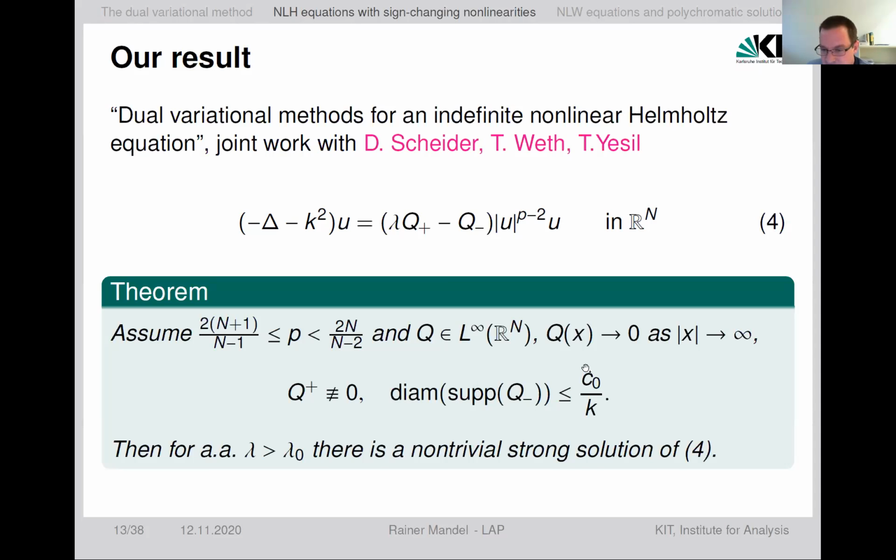This is an explicit number. It's the first zero of some Bessel function, basically the Bessel function that you just saw on the previous slides. So it's controllable. It's not a perturbative statement.